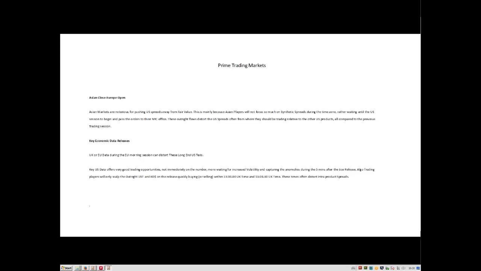So what they do is they generally don't trade. So they do trade, but they're not so active as they are within the US session. So what happens is, the Far East are very big holders of US Treasuries, right?